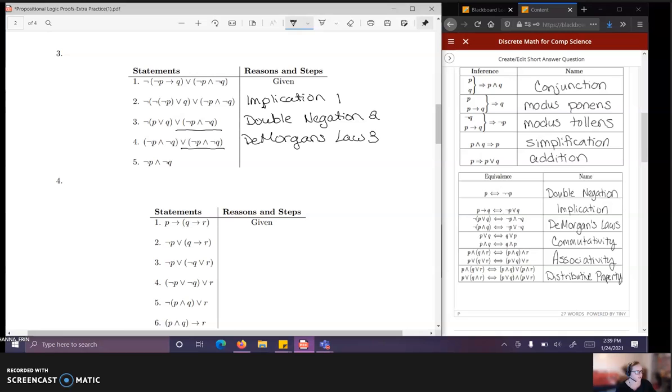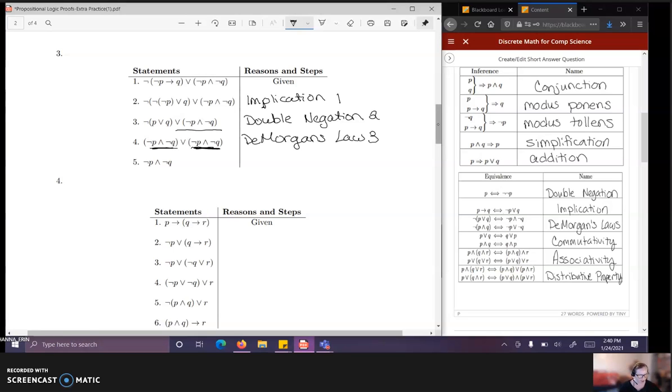Now we need to see what gives us line 5. Line 5 is very different because we seem to have lost half of it. But if we look at what we have in line 4, we have not P and not Q, then an or symbol, and then not P and not Q. Notice that those two things are exactly the same and they're just joined together with an or.